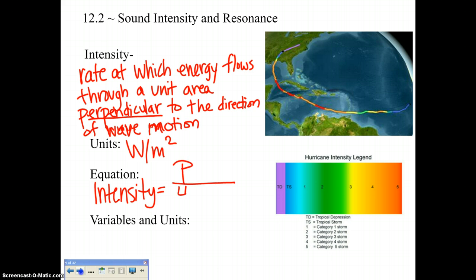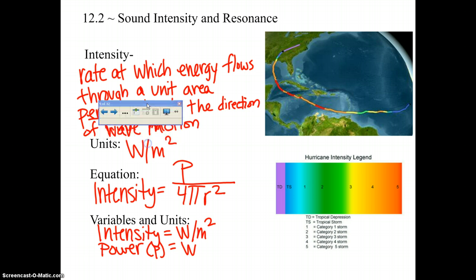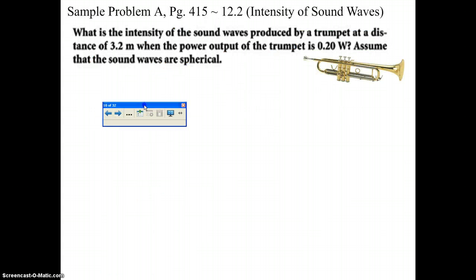Intensity equals power divided by 4 pi r squared, in which intensity is watts per meter squared. Power is P, and it's measured in watts. Radius is R, and it's measured in meters. So make sure your variables make sense.